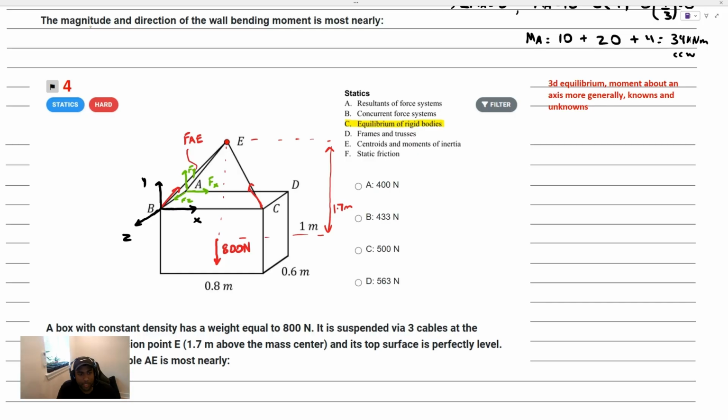If you can picture all of those forces here, remember that moments produce rotation about an axis, and that's how you know that it's going to be producing a moment. The force in the z direction, for the components of FAE that we're looking for, will intersect the x-axis. It can't produce rotation around the x-axis.